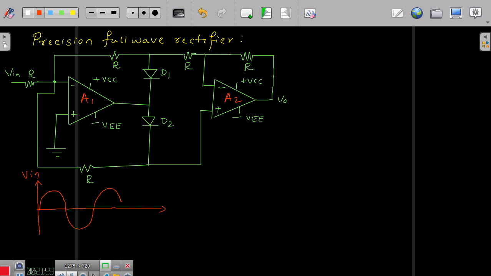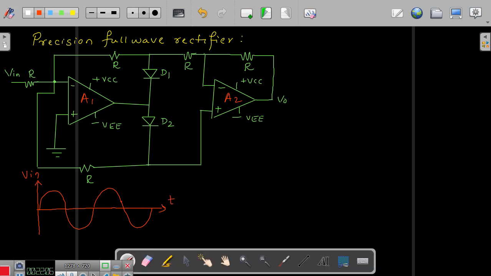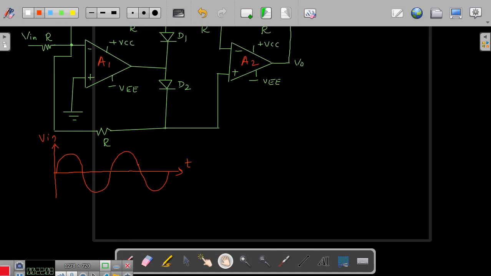It will be giving you the output as per... please draw these dotted lines. That gives the proper idea about how the rectification takes place. This is your V0.